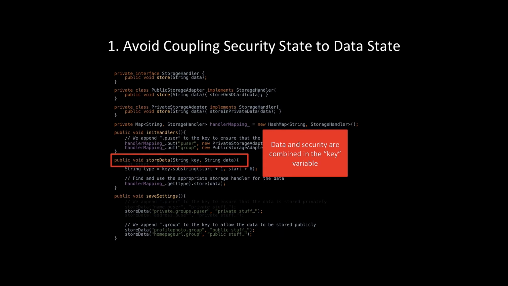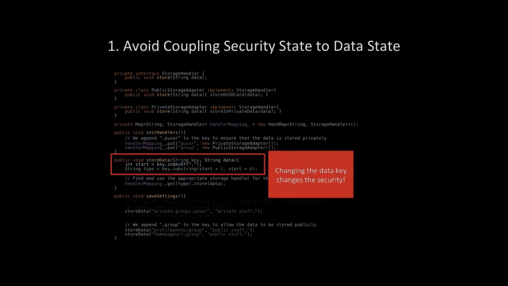If we change our key, as we just saw, it can unfortunately change our security settings. So if we make a mistake in the key, we will suddenly be making a mistake in our security settings. What's also problematic is we've got a key and a set of code that's being used to decide security settings from the key's value that's very hard to test and prove from a security standpoint is correct.